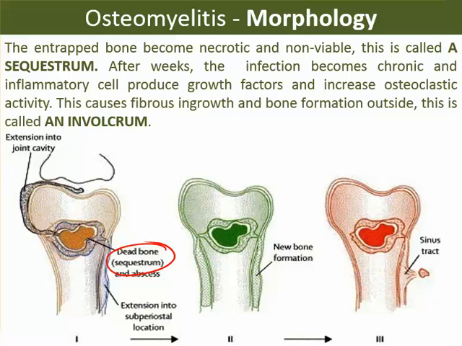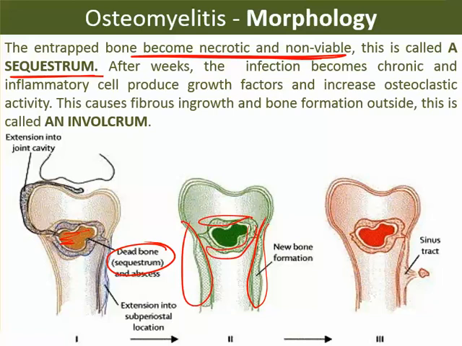Once the sequestrum is formed, there will be a periosteal reaction. There will be new bone forming surrounding the sequestrum. That new bone is called involucrum.